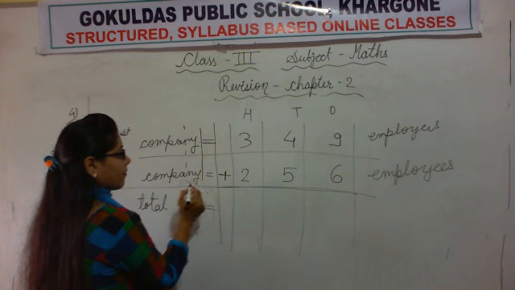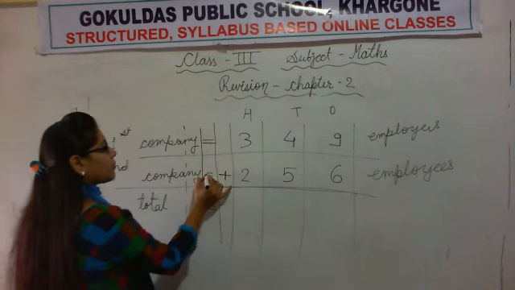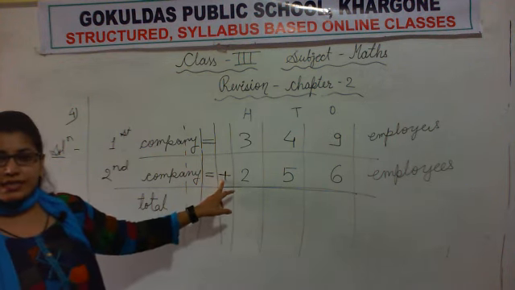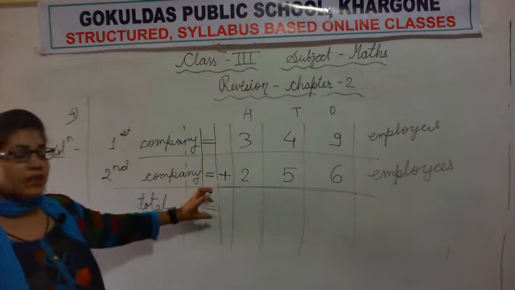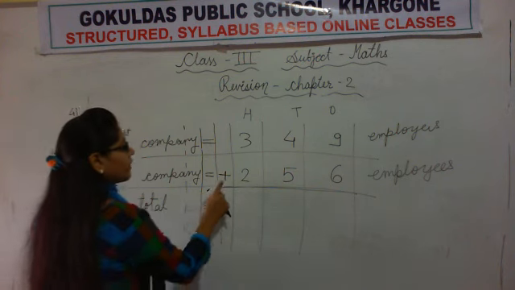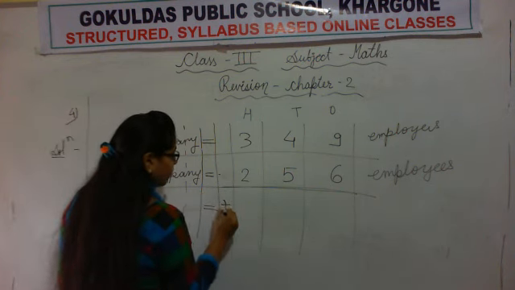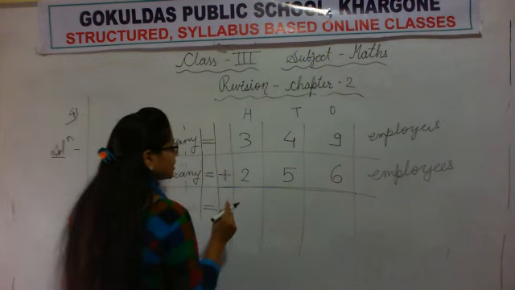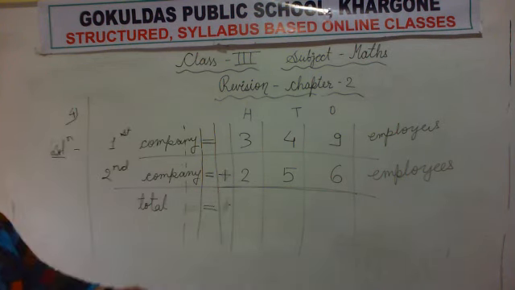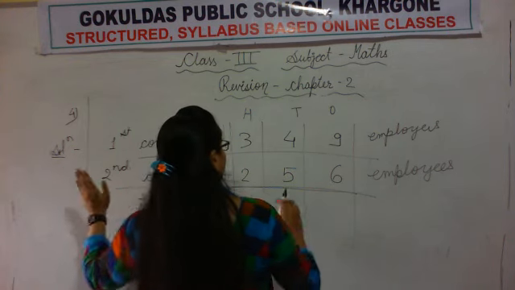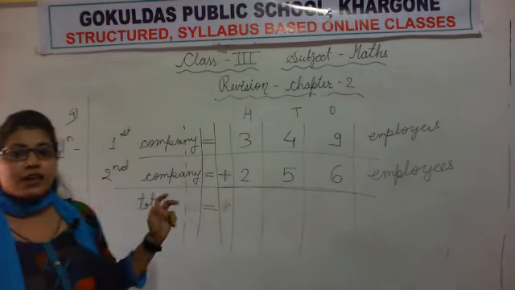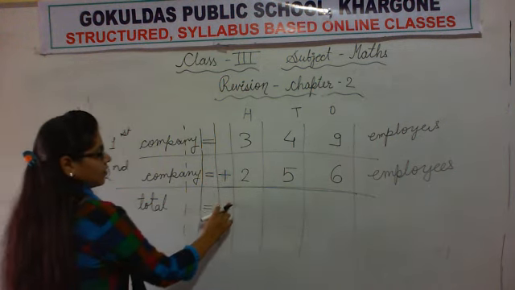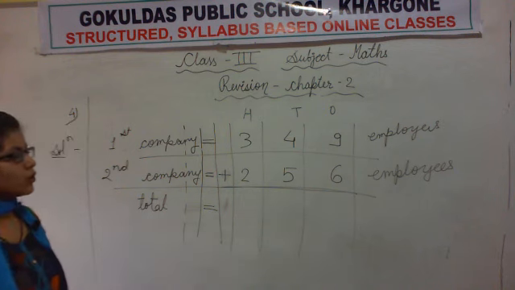Then again you will write about the second information, and again you will put the plus sign. If third company's information will be there, we will be putting plus here. So remember, plus is always put left to the last number. Hope you all understood now how to write.